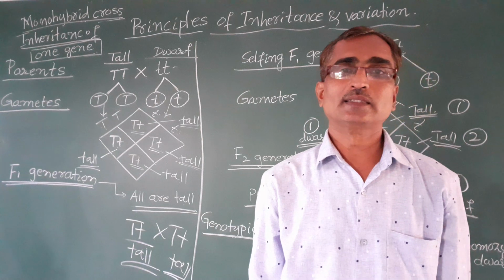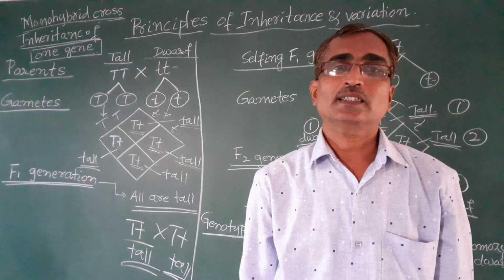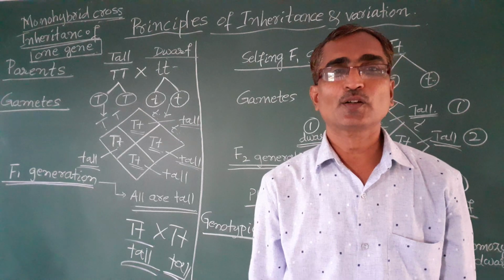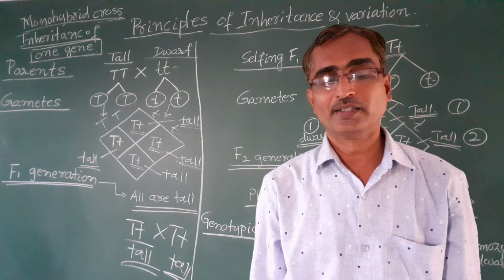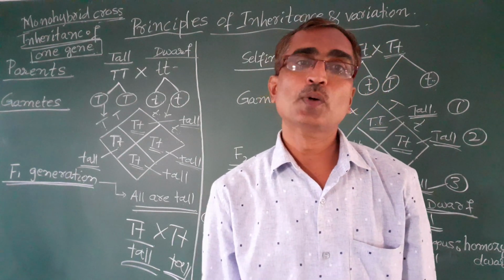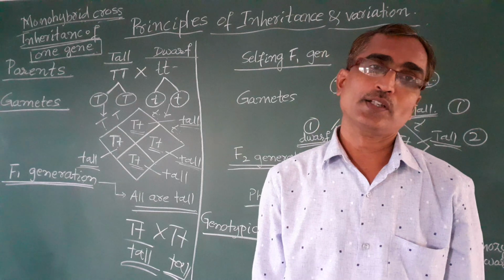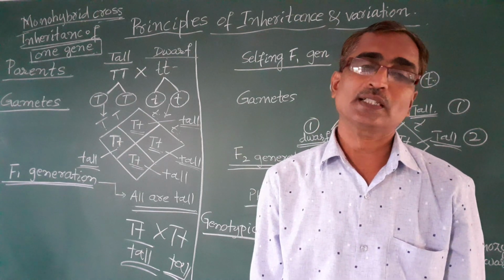In the previous class, we were discussing the fifth chapter, that is, Principles of Inheritance and Variation. In the last class, we discussed a few terminologies related to this chapter.